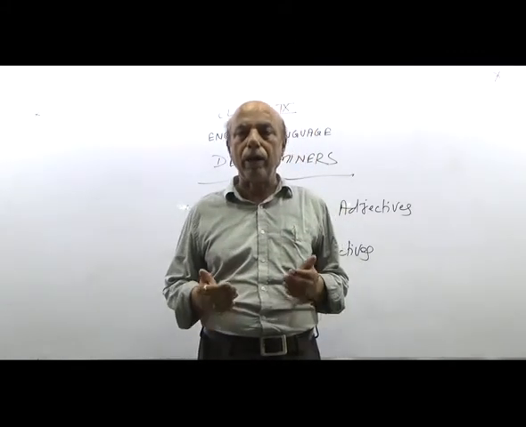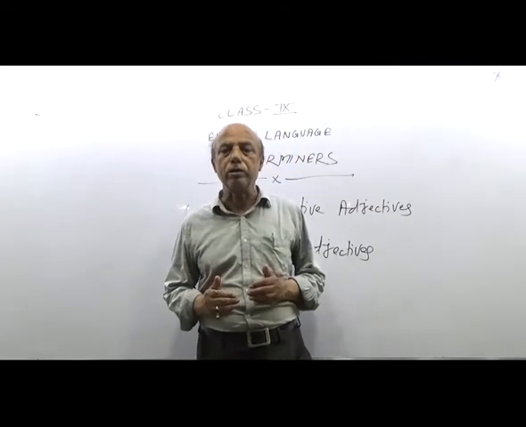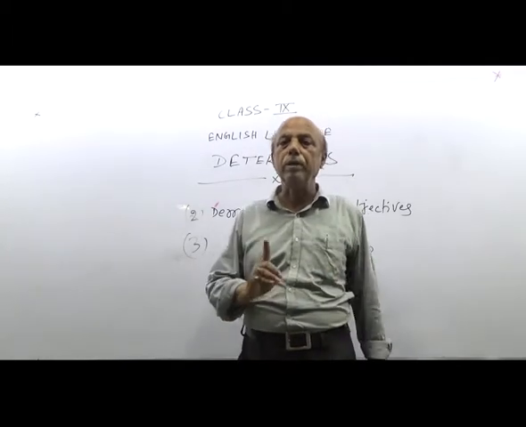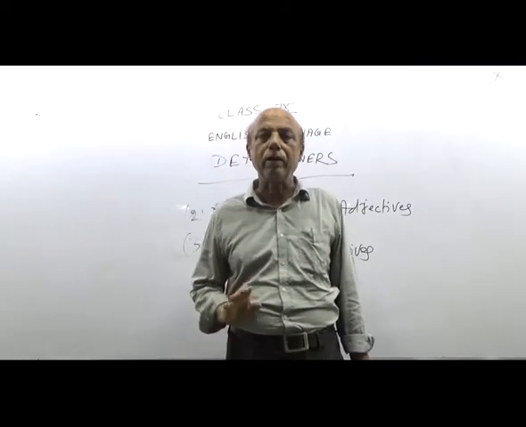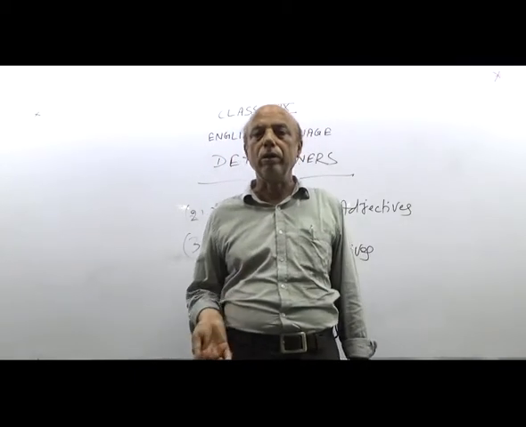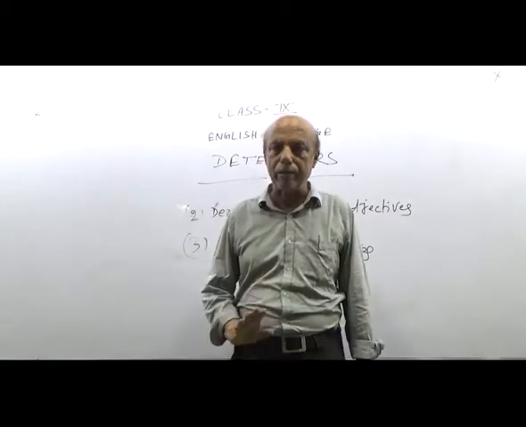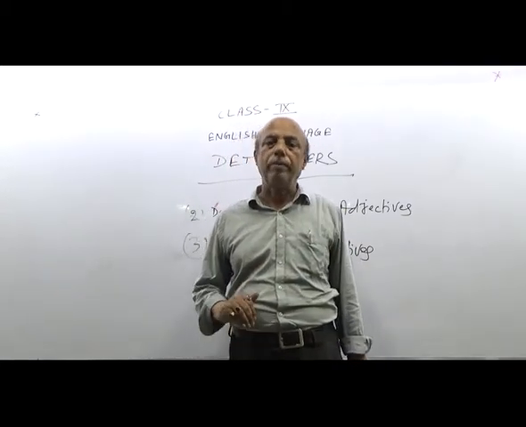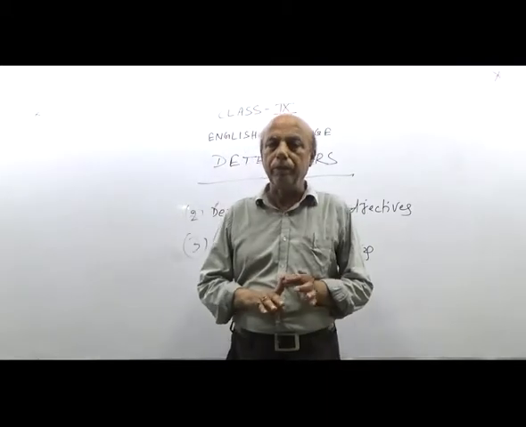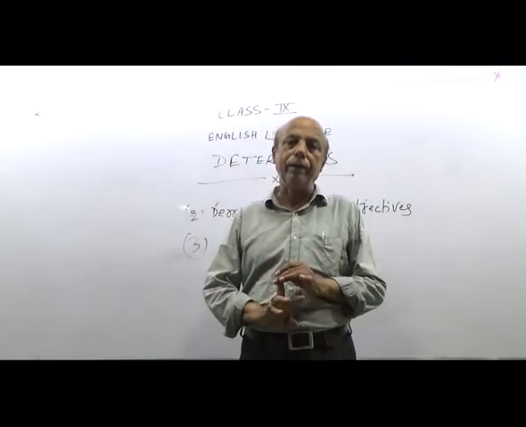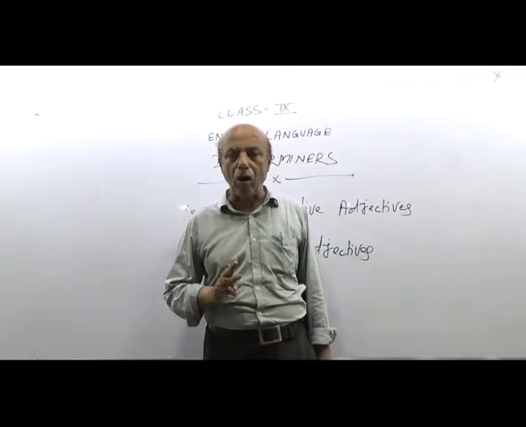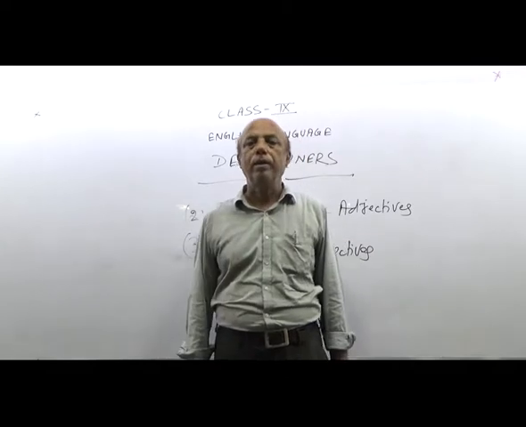First of all, I told you the first part of the determiners is called articles. The second part of the determiners is called demonstrative adjectives. The third part is called numeral determiners. Numeral determiners have been divided into three parts: definite, indefinite, and distributive.